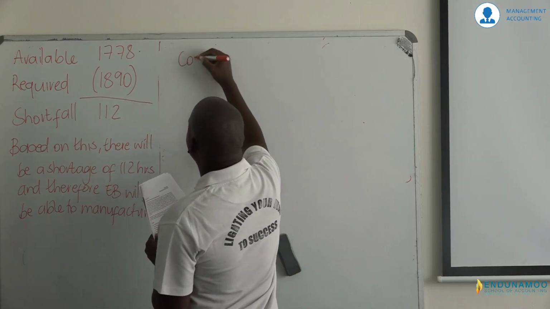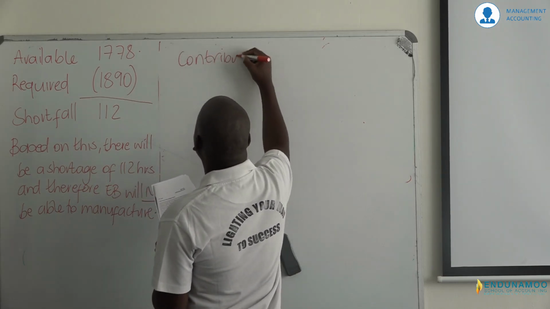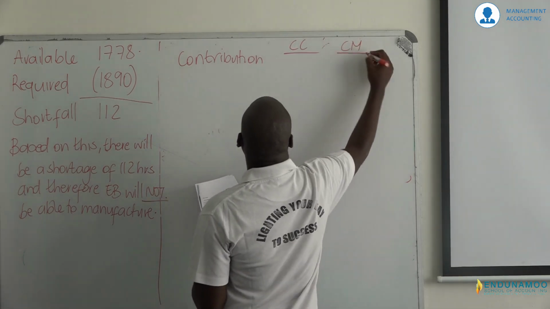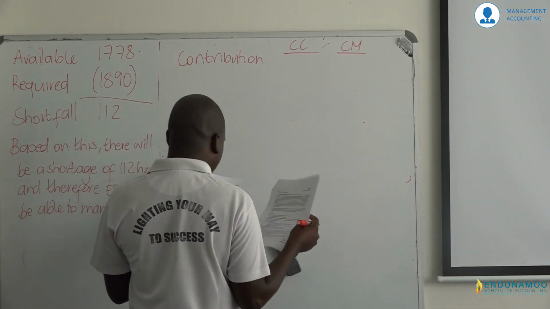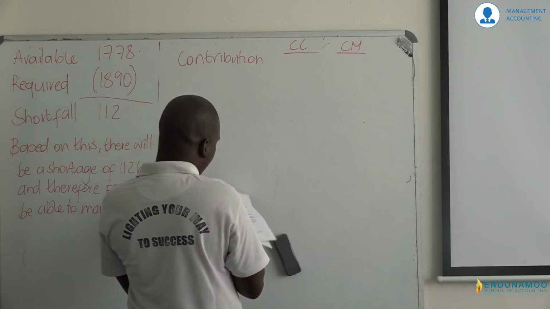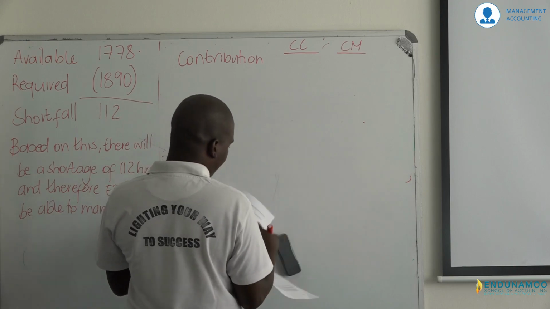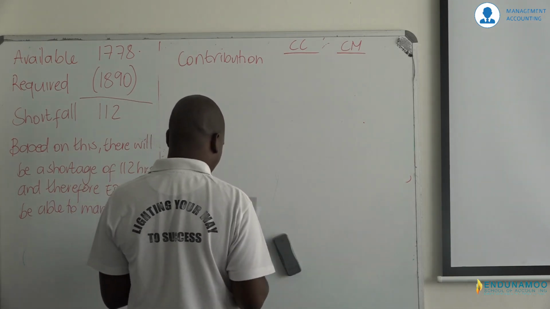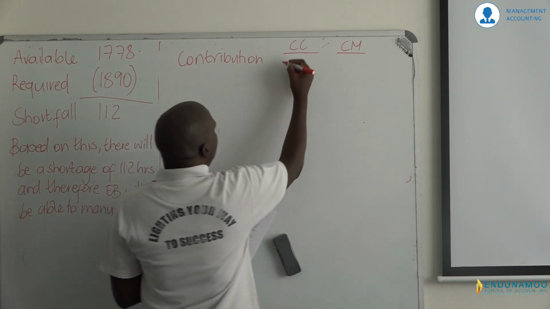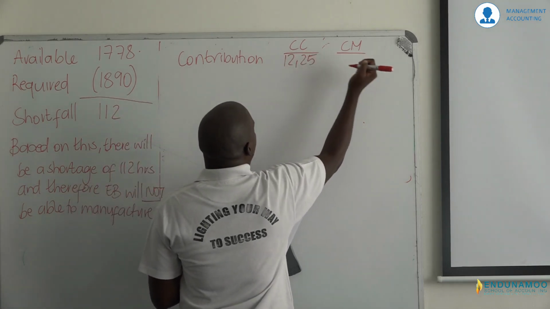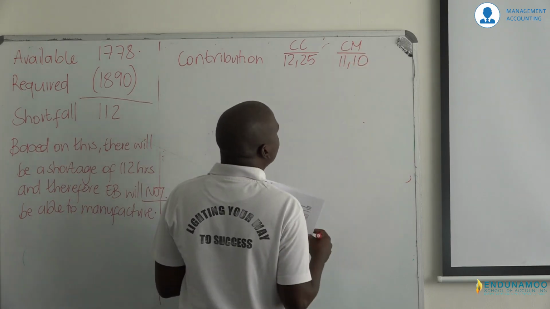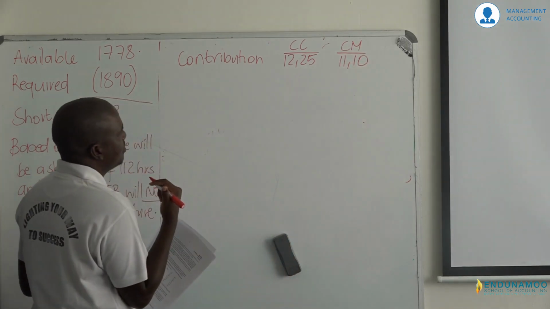So we'll then need to determine the contribution for each of these units, right? Remember, we start with contribution per unit, and then we go to contribution per limiting factor. So what is the contribution per unit? $12.25. And then 11.10. Agreed.